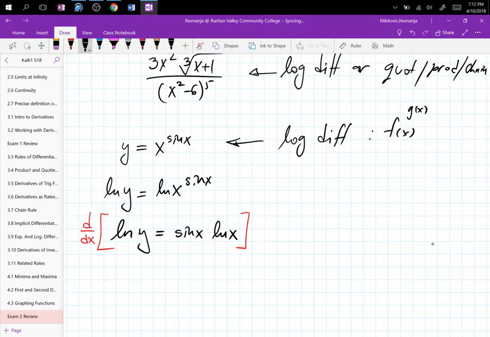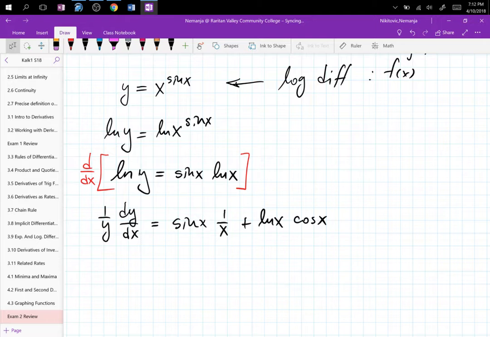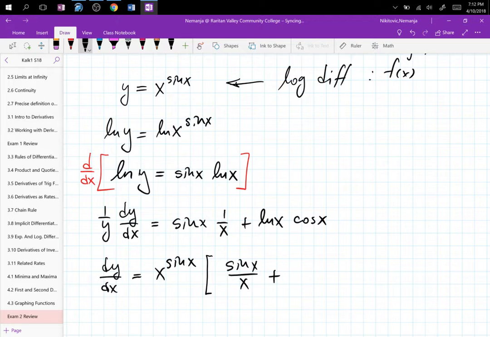So the whole thing becomes 1 over y dy dx is equal to, copy the first, it's a product rule, times derivative of the second, plus copy the second, times derivative of the first. So dy dx alone, y goes on this side, so it's x to the sine x times sine x over x plus ln x cosine x. And that's the answer.